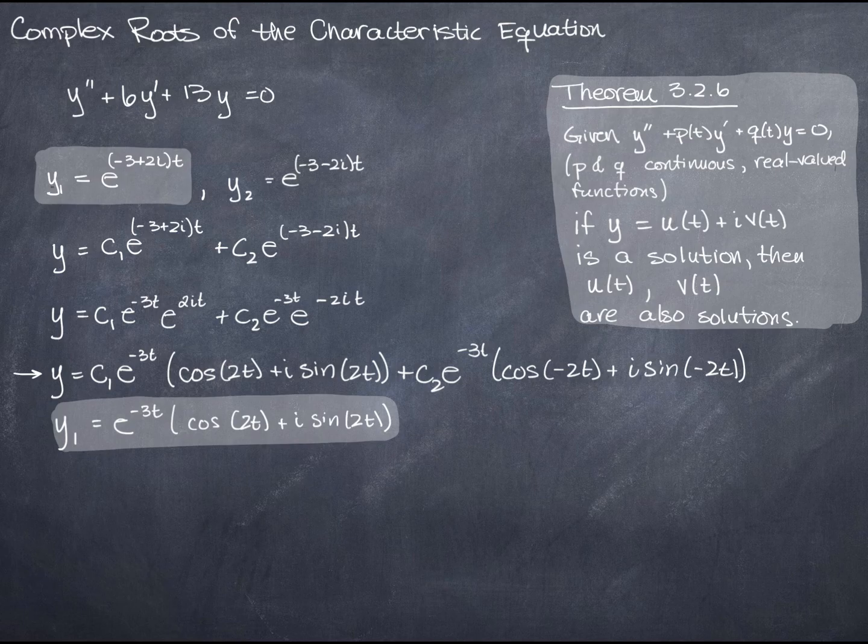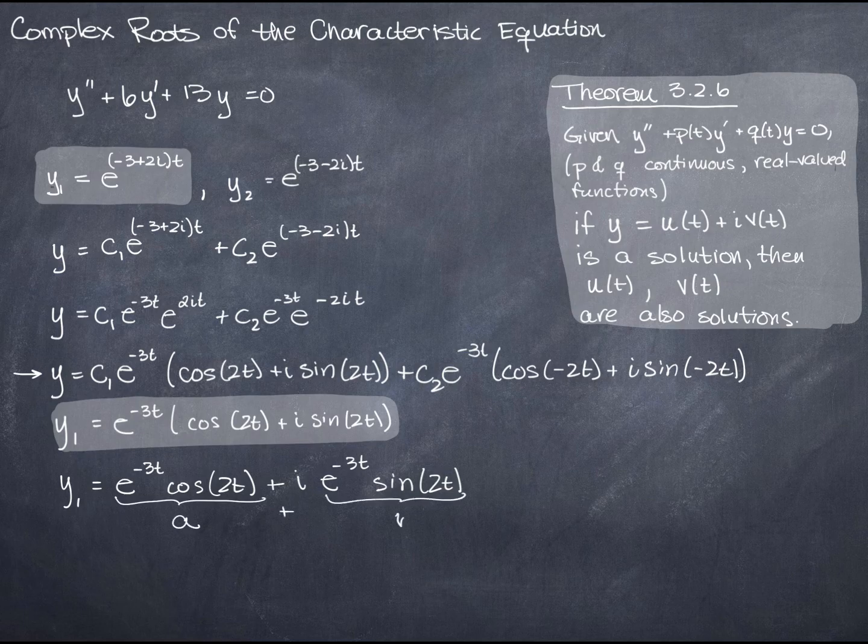All right, now if I distribute, I get y1 equals e to the negative 3t times the cosine of 2t plus e to the negative 3t times i times the sine of 2t. And if I rearrange those, put the i in front, then essentially here I have an a plus bi, right?